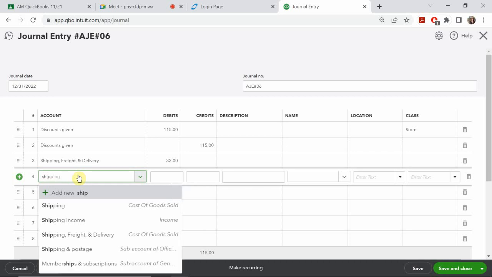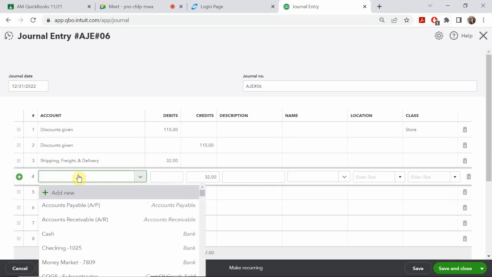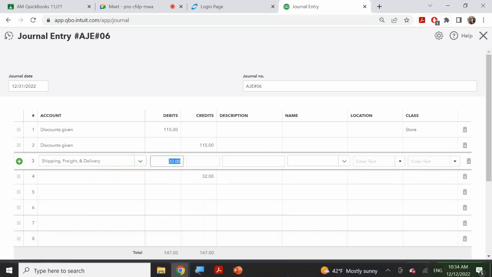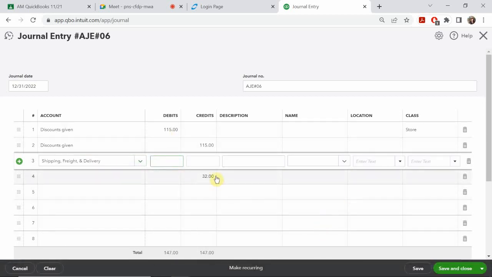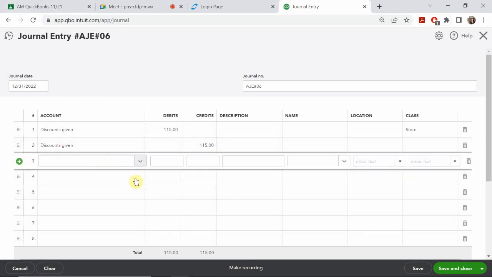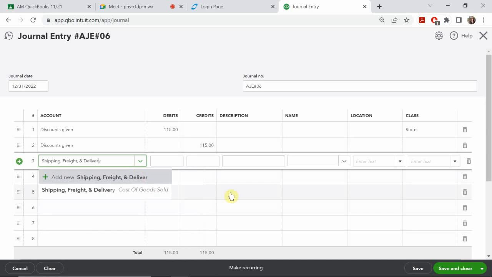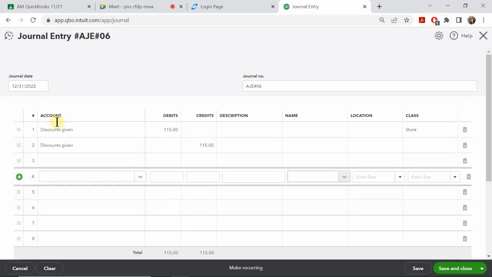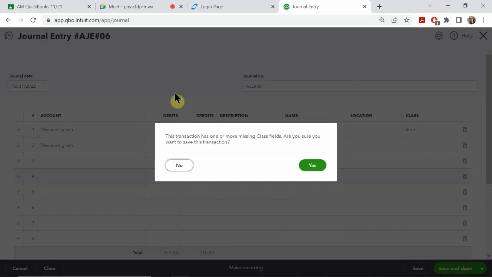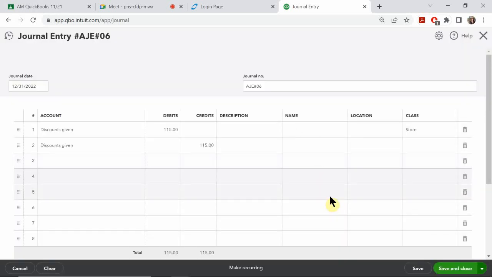I actually don't remember which account specifically this one is, so I'm going to double verify before I continue this one. So I'm going to go ahead and validate that one first. So files, save and close.